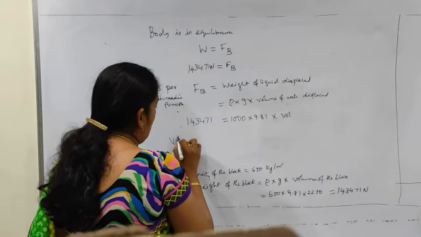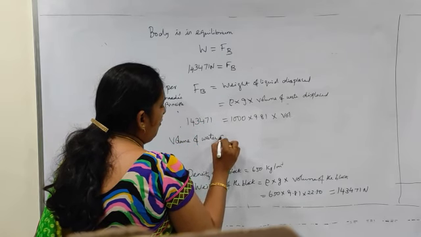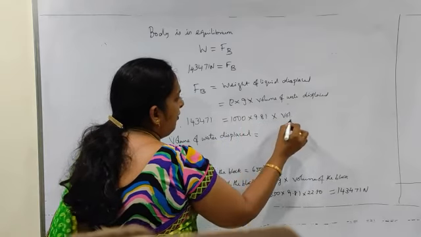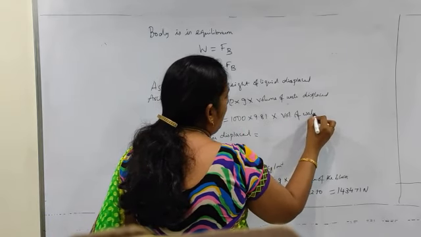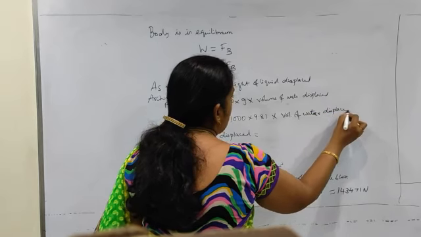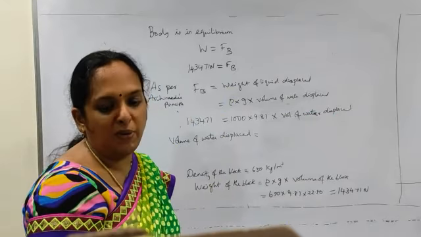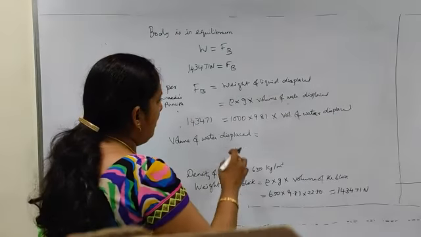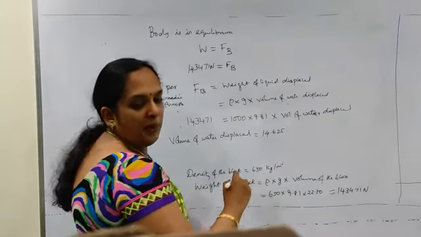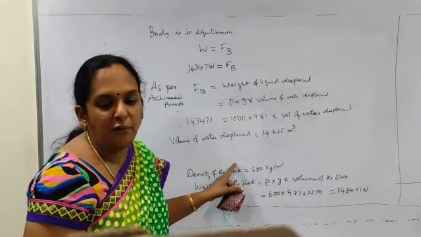All the other things are known, so just by solving this, we will be able to find the volume of water displaced. So it is 14.625 meter cube.